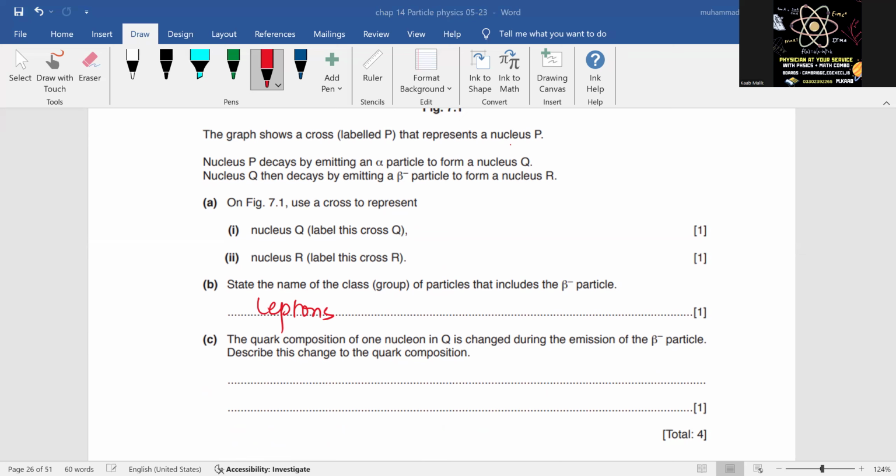No, not that way. They're asking which quark changes when the neutron converts into a proton, because beta decay is that. Oh, that way. So down converts to up.